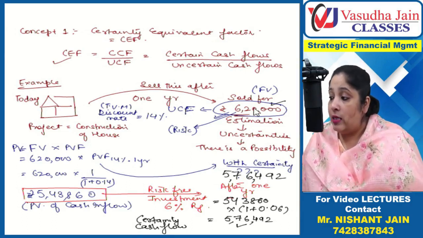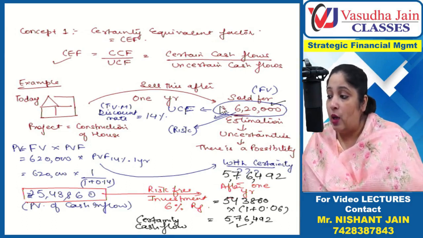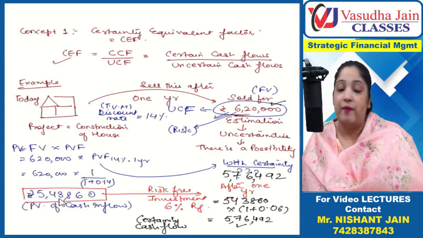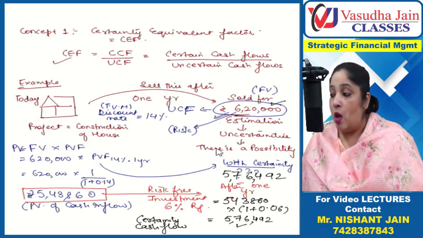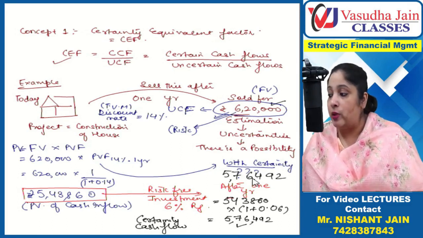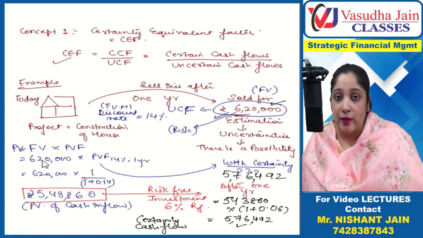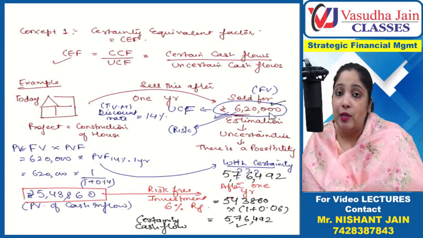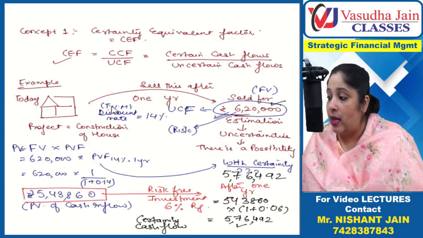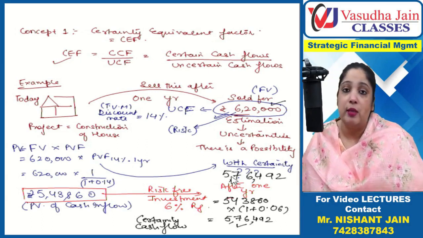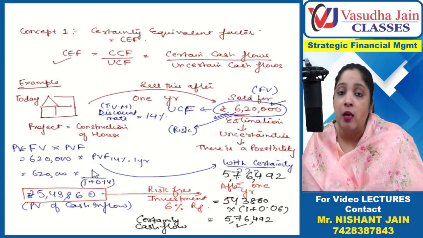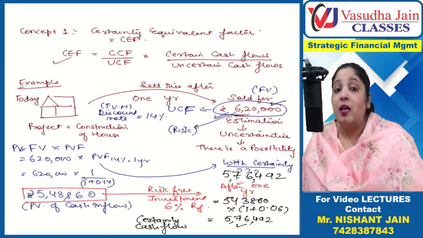Now, if you see, the present value of 6,20,000 is how much? 5,43,860, and the present value of 5,76,492 is also 5,43,860. Both these uncertain cash flows and certain cash flows have the same present value, because this uncertain cash flow is discounted at the rate of 14% and this certain cash flow is discounted at the risk-free rate of return, 6%.